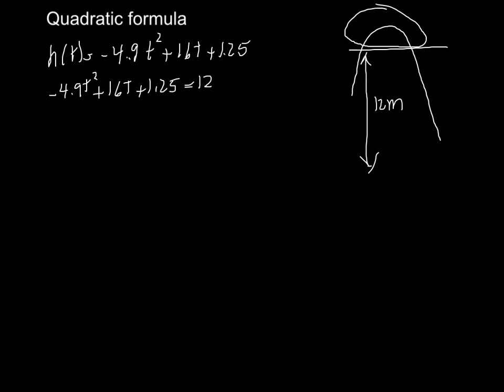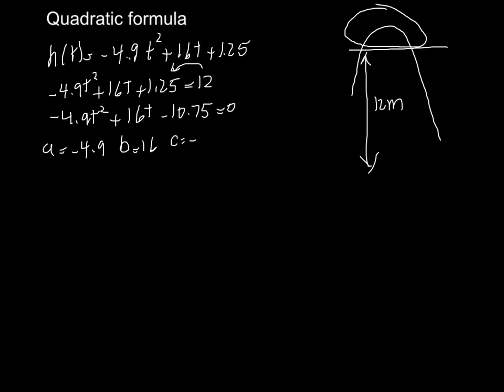If we bring 12 to the left, change the sign and add 1.25 to it, we get negative 4.9 t squared plus 16t minus 10.75 is equal to 0. Here a is negative 4.9, b is equal to 16, and c is negative 10.75.